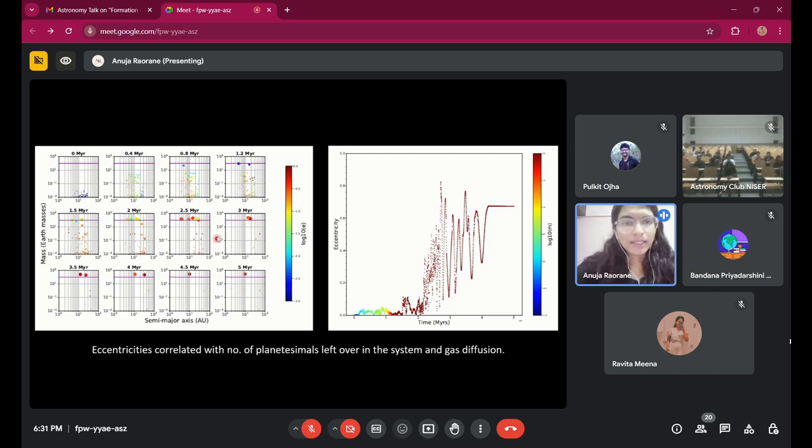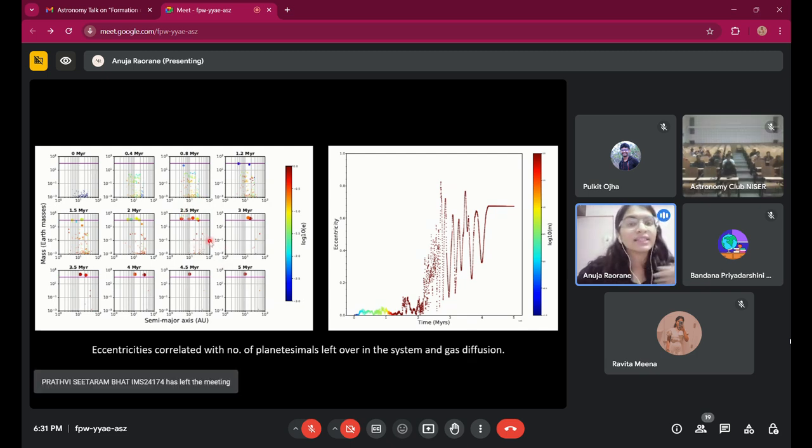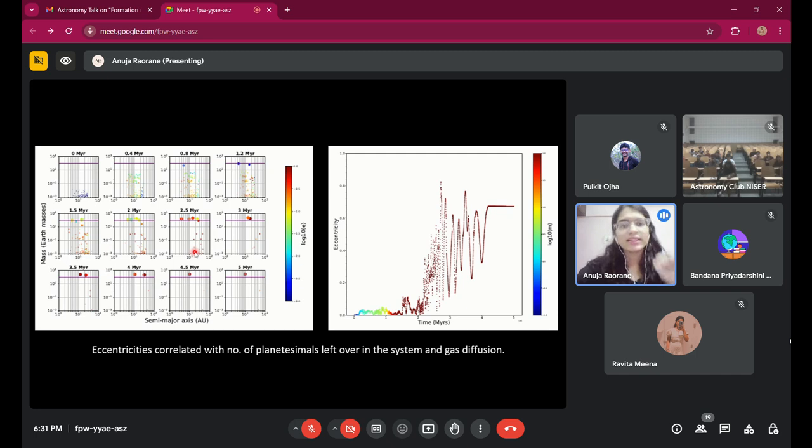As you can see, at around 2.5 million years, the planetesimals that were in the system start vanishing. When they go out of the system, either they are getting accreted or they are pushed out of the system. You see the eccentricity of the Jupiter, this is time versus eccentricity.